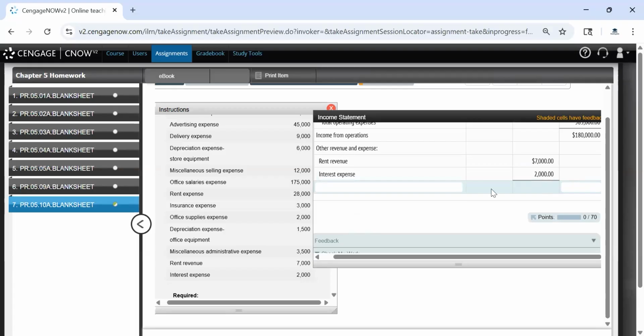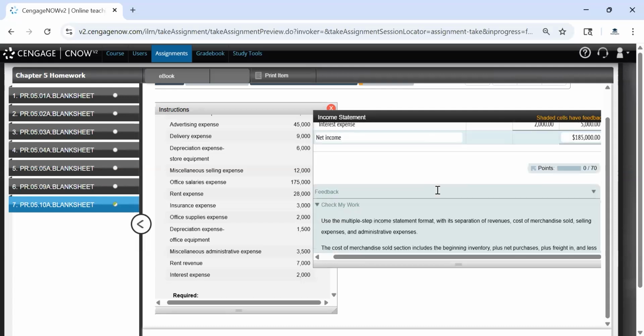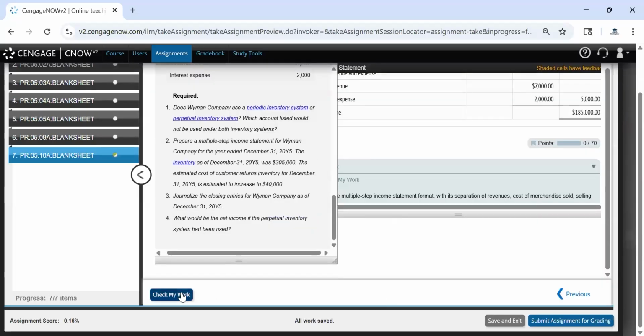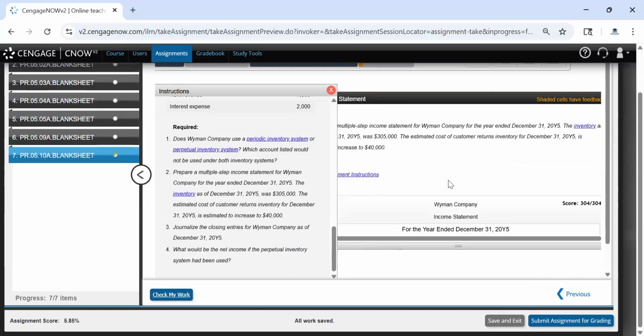And because this is our bottom line of the income statement, this has to be net income at the bottom. However, we still have this line here. This is where we can take 7,000 minus 2,000, then we get our net other revenue and expenses. So our net income is $185,000. If we check our work, that's full credit on the income statement portion.